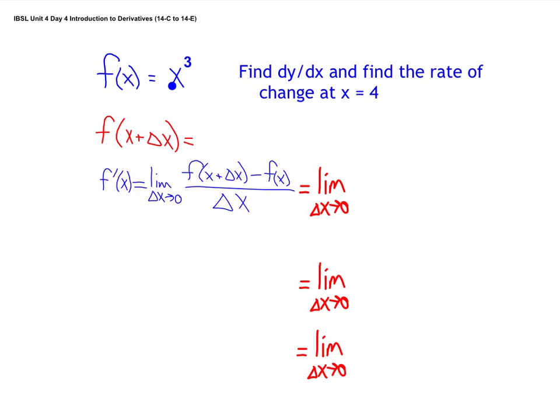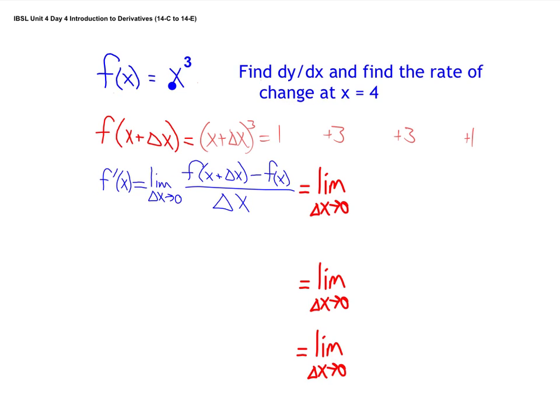All right, let's try here. Okay, x cubed. So first things first, I'm going to put in x plus delta x. So now I have x plus delta x cubed. And since you guys all know how to do the binomial expansion, this is a piece of cake, right? So you have 1, 3, 3, 1 as your coefficients.